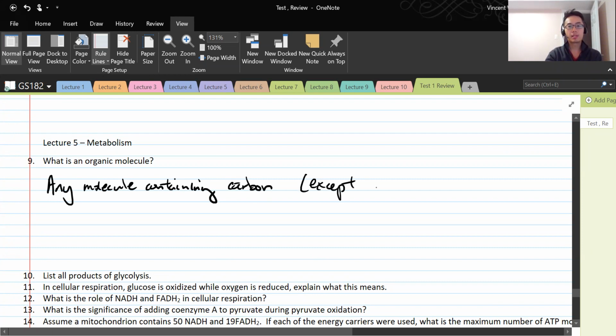Except there are a few exceptions, such as CO2, right? And CN and CO. These ones, we don't call them organic. Everything else that has carbon is organic. Okay, so all the macromolecules that we talked about, they have carbon in them. They are organic. Okay, that's basically it.